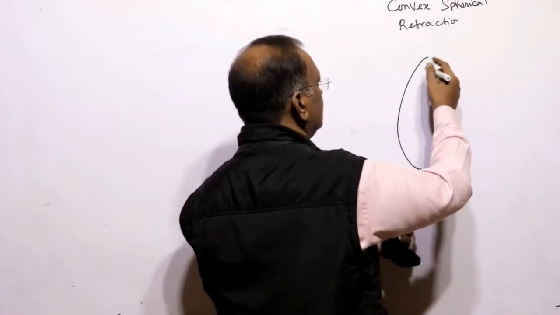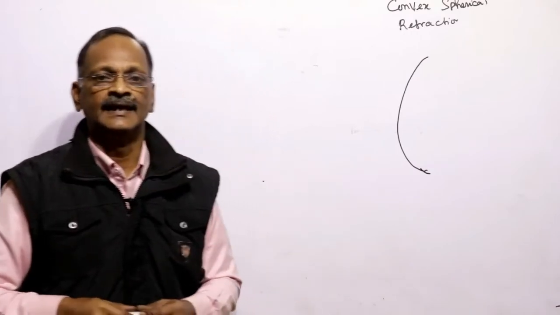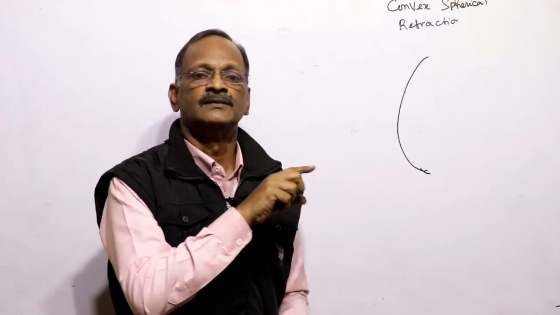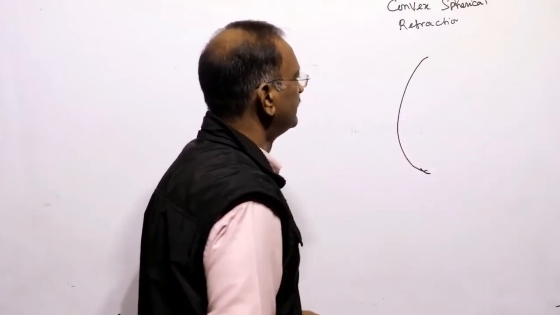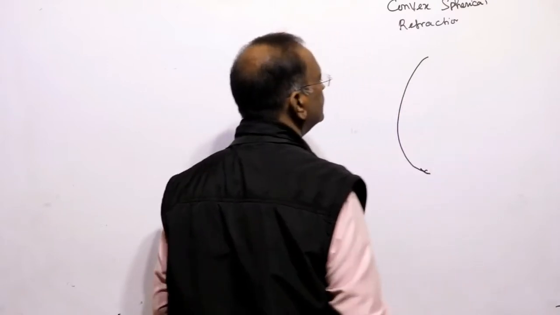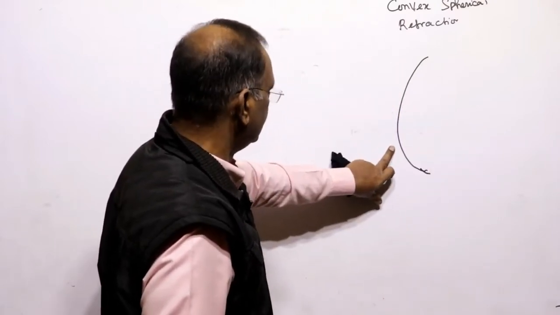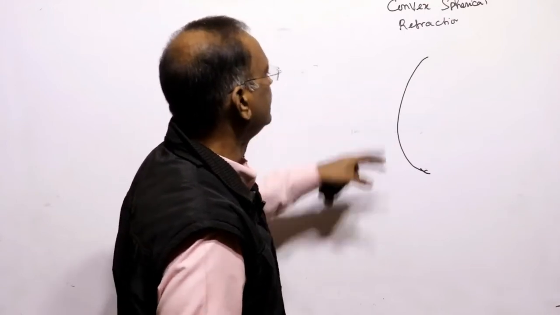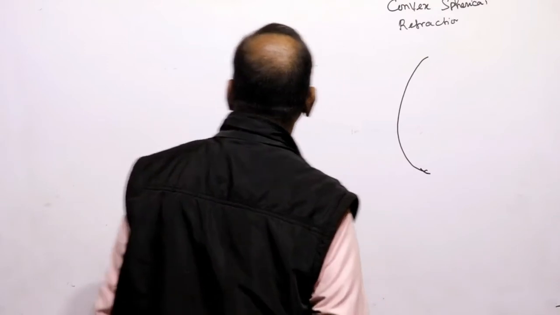See, this is the part of the sphere. This diameter, the effective diameter for which the incident ray can pass through, is called the aperture. This diameter of the spherical surface where the refracting medium is exposed to the incident ray is called the aperture.